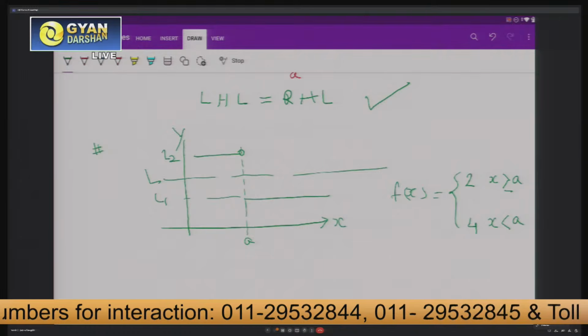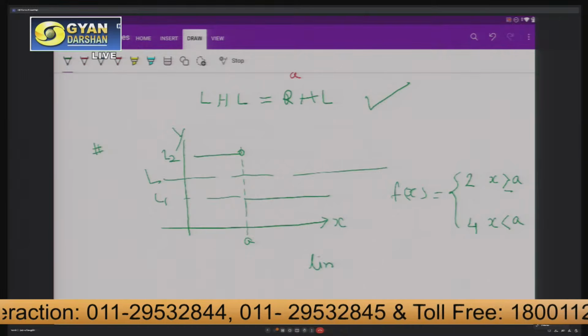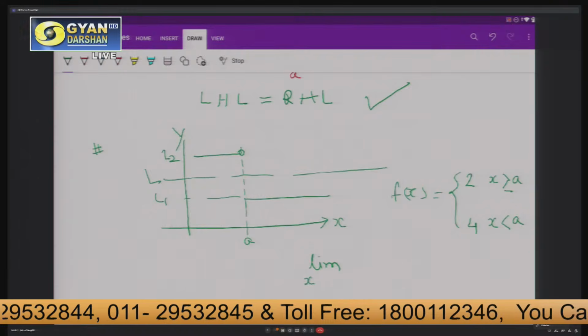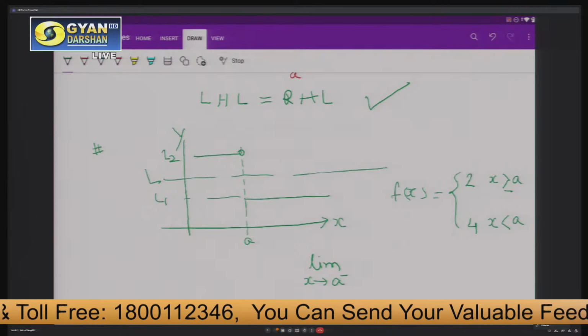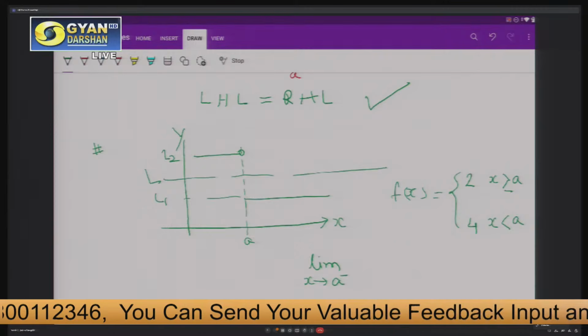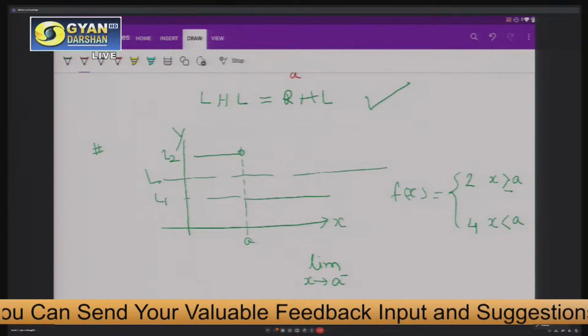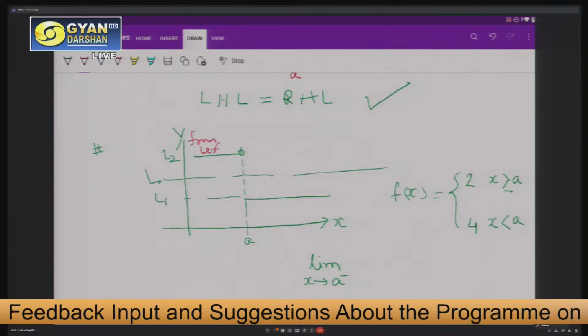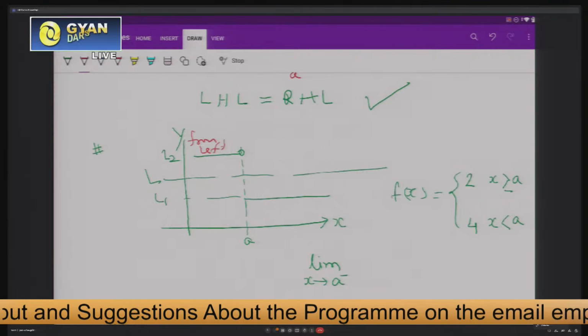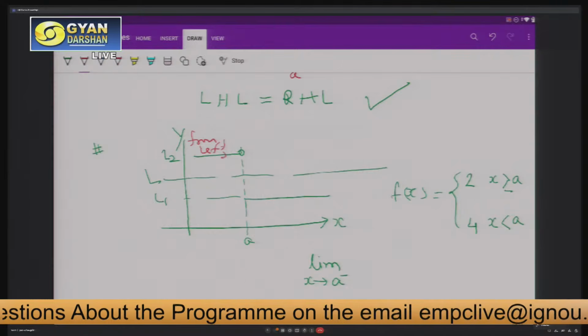So when we take limit x tends to a minus, when it is approaching from left, x is approaching from this side.